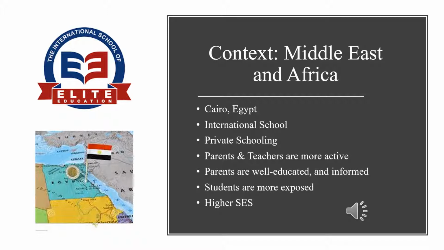Parents who send their children to private international schools are very educated, very well informed, are higher on the socioeconomic scale, and have been exposed to elements from abroad, perhaps because they've traveled a lot or work at a multinational company. As a result, they want to provide their children with the best education possible that is from outside of Cairo or outside of the East.